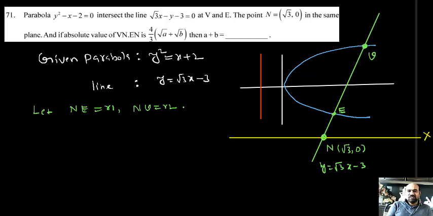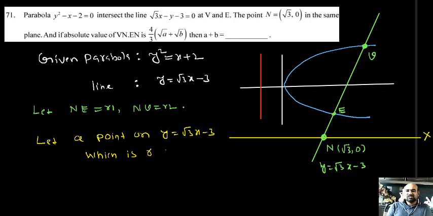Let a point on y equal to root 3 x minus 3 be r units from N; it may be V or E, such that I choose a point.